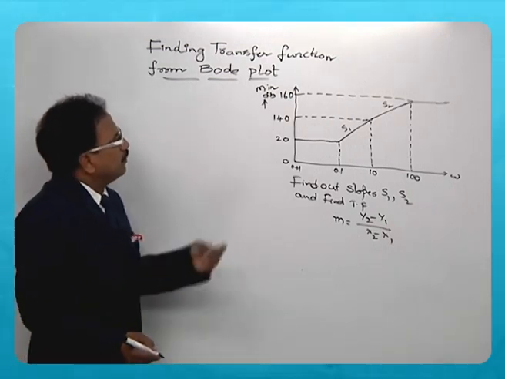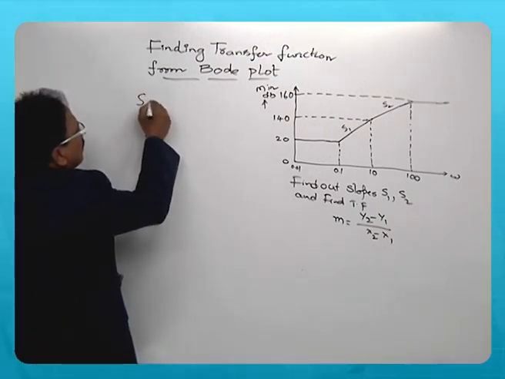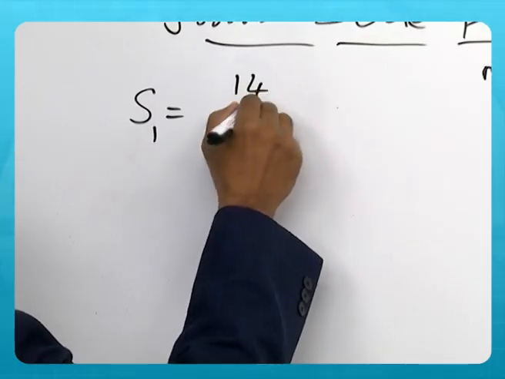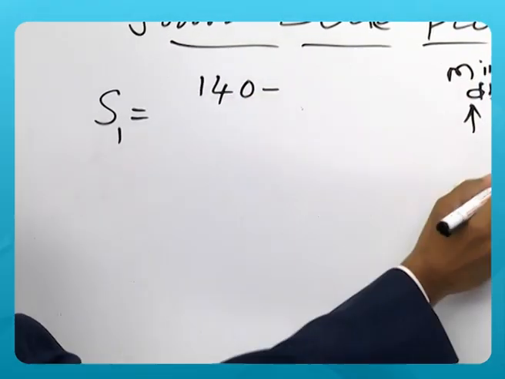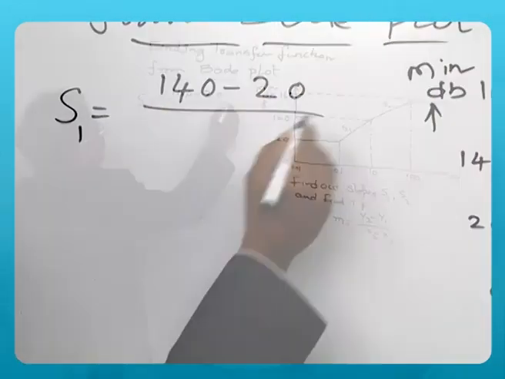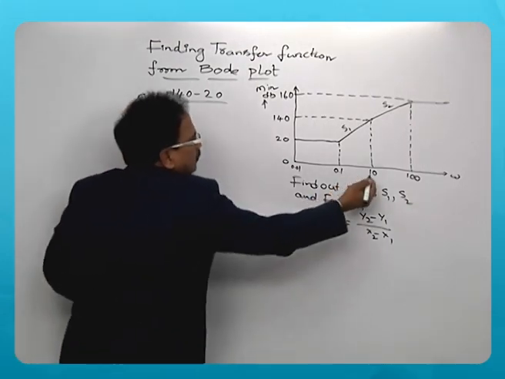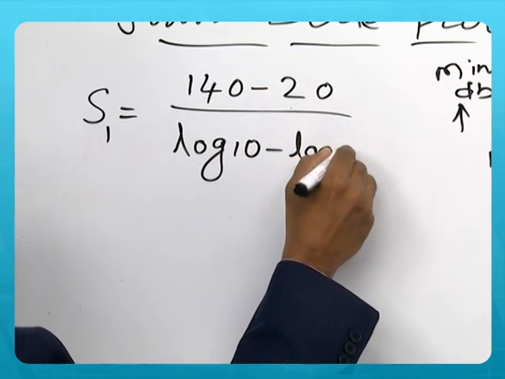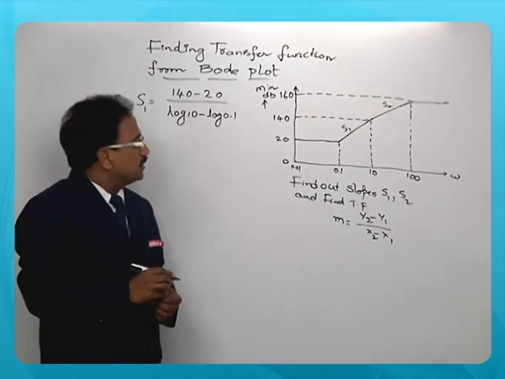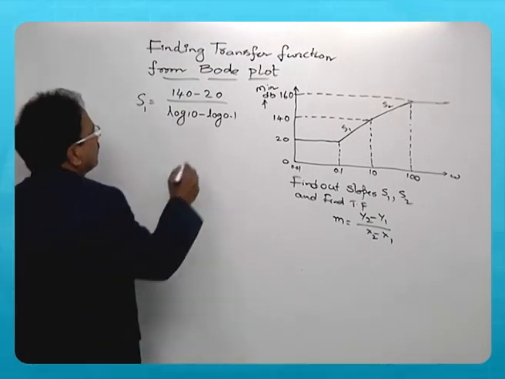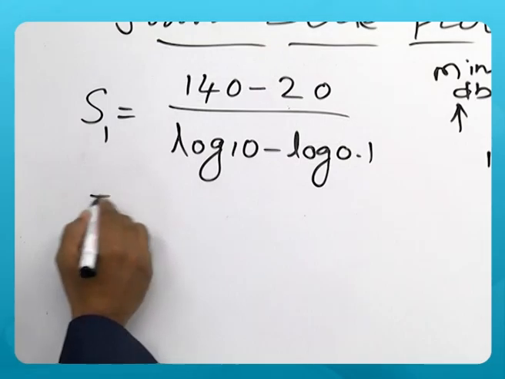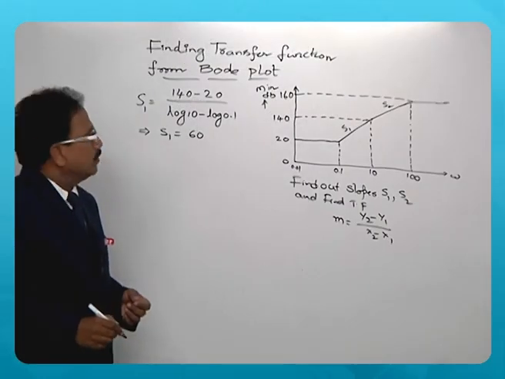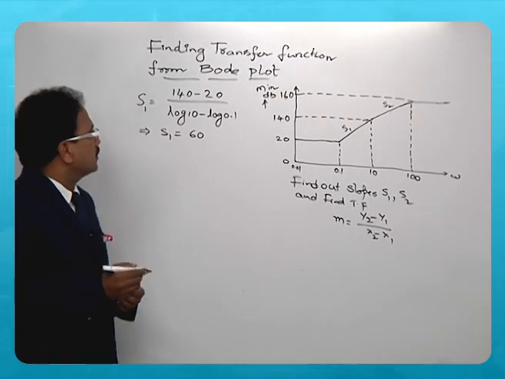So to find the slope S1, you can see the y-axis coordinates 140 minus 20, that is y2 minus y1, then x2 minus x1 is log 10 minus log 0.1, because these frequency parameters are taken on a log scale. From this you will get the value of slope S1 equal to 60. Both y and x coordinates are given, but only the slope is not given.